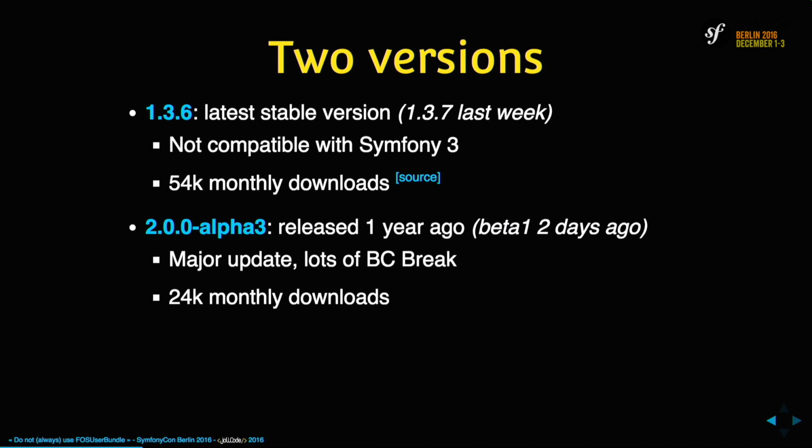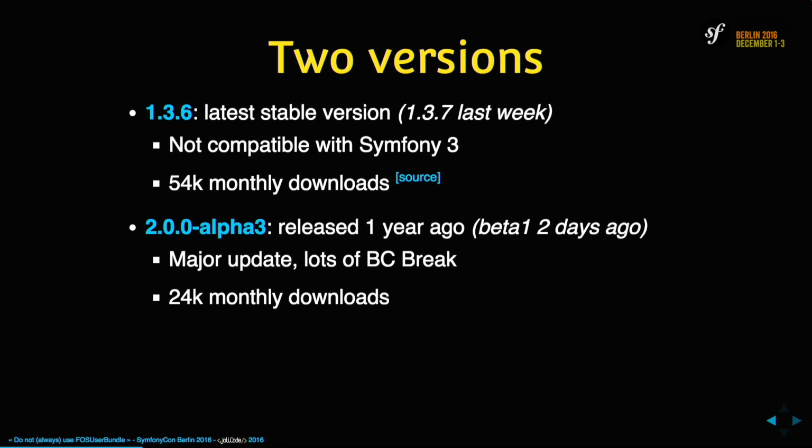This version is not compatible with Symfony 3, and it has 50K monthly downloads from Packagist. The other version is the 2.0 alpha 3. It was released more than a year ago, and so for a year we didn't have any release for the Symfony 3 compatible bundle. But the beta 1 was released two days ago.